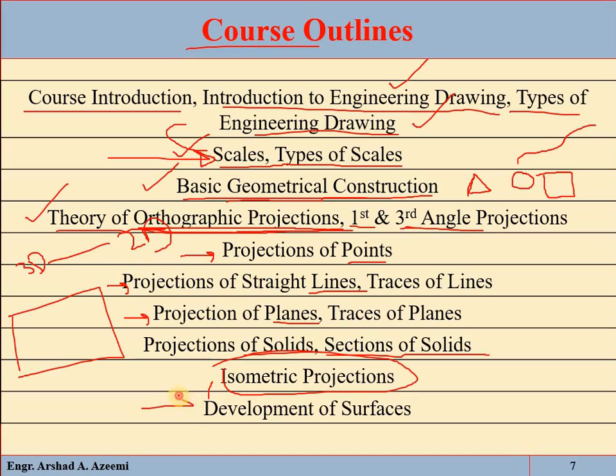And then we have another concept, the development of surfaces. These are the basic topics which a student will need before going into the practical drawing of any object, either civil engineering structures, mechanical machinery elements, or electrical engineering drawing. So this is the basic theory behind practical engineering drawing.